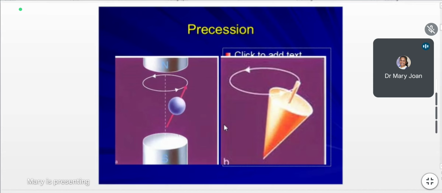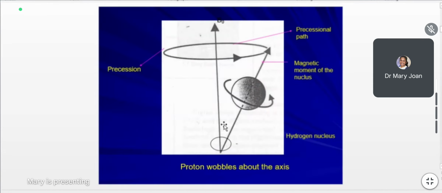This is another pictorial representation of how the spinning takes place. You can see the precessional path, the magnetic moment of the nucleus, and the proton wobbling about the axis. This is the precessional path the magnetic dipole will follow, and this is the magnetic moment direction, and the proton also wobbles about its axis.